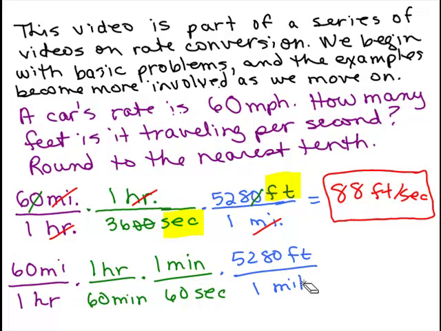I'll just write the MI since I was using that abbreviation. And so just notice you end up with the same numbers at the top, 60, 5,280, 60 times 60 is the same thing as this 3,600.